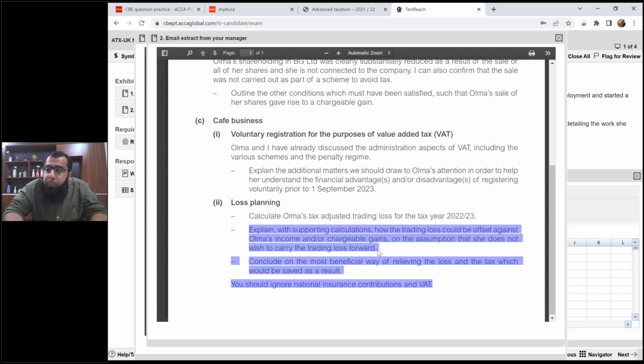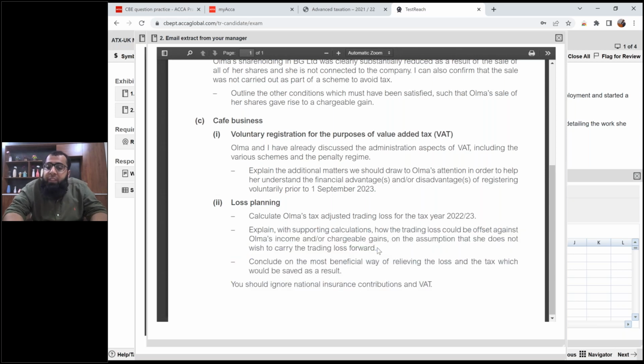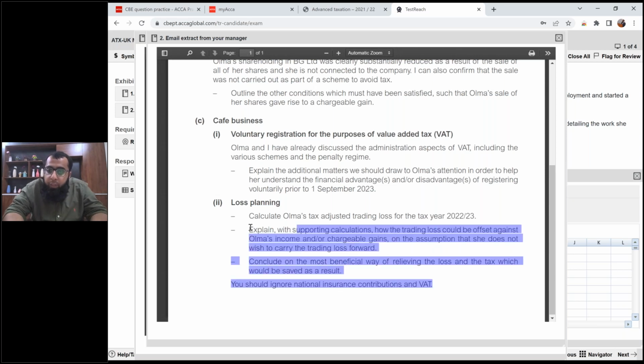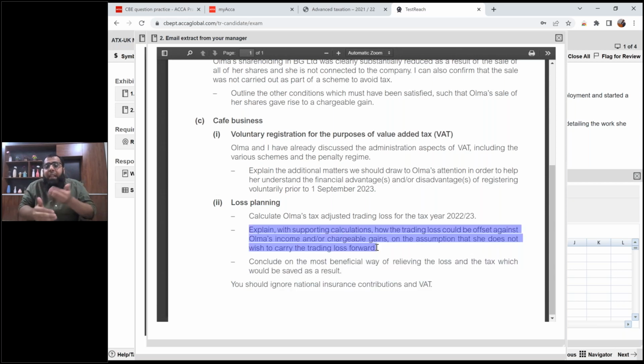So explain with supporting calculation how she can relieve this loss. Can anyone tell me how she can relieve this trading loss?